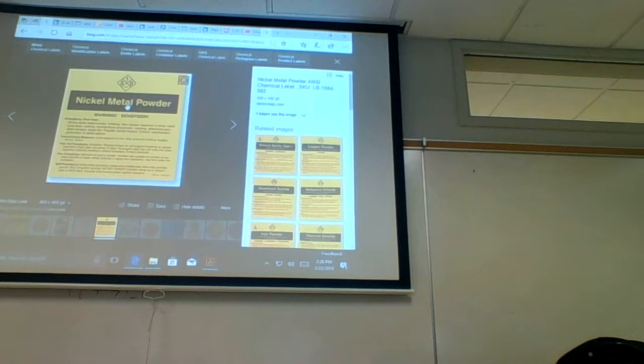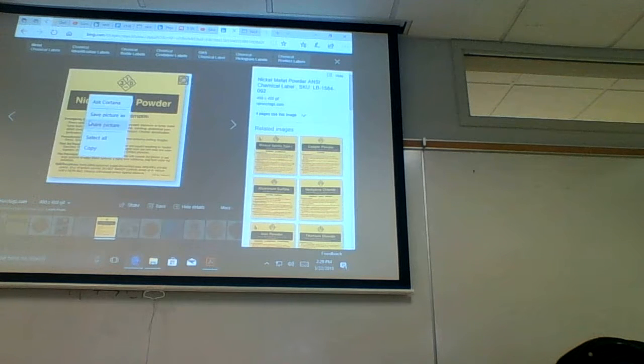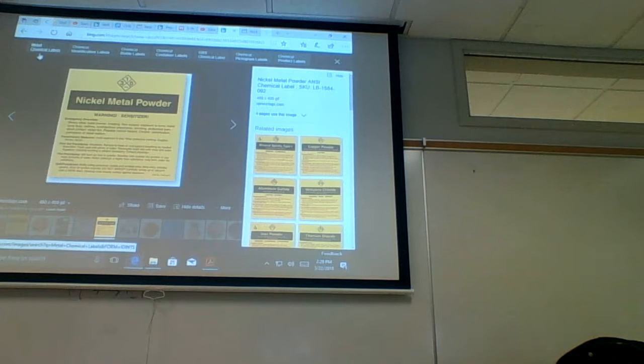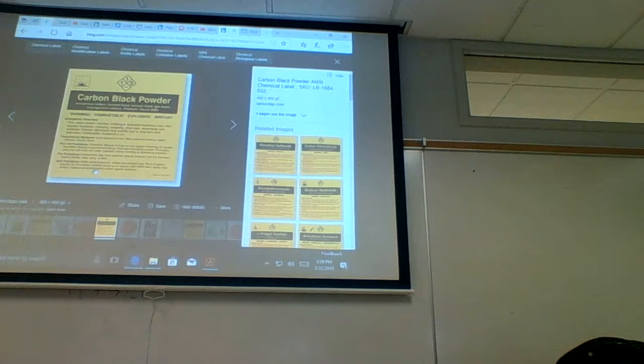That's hard to read. Right click, open picture in new tab. No, it doesn't. Anyway, let me just read it to you. That'll be easier.